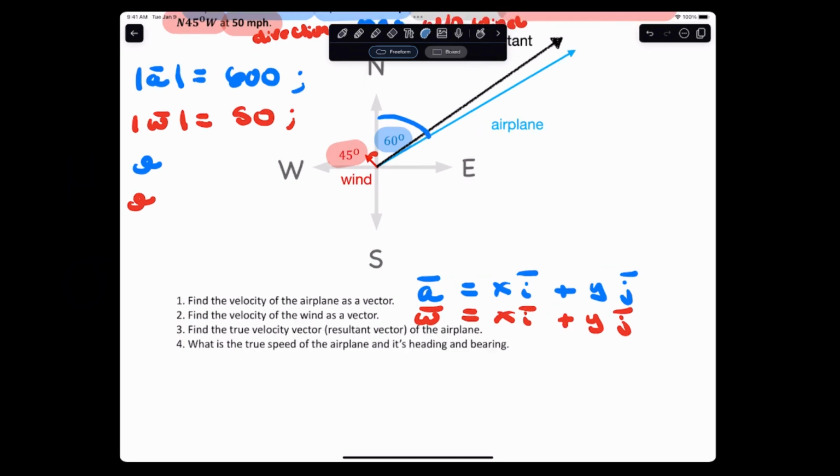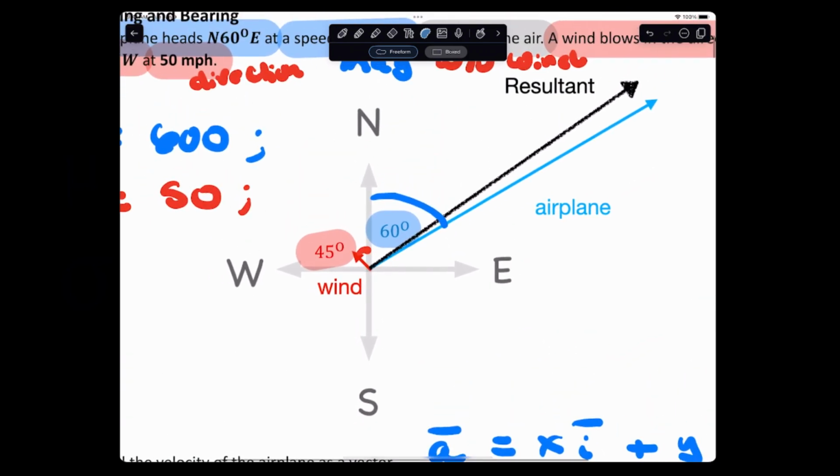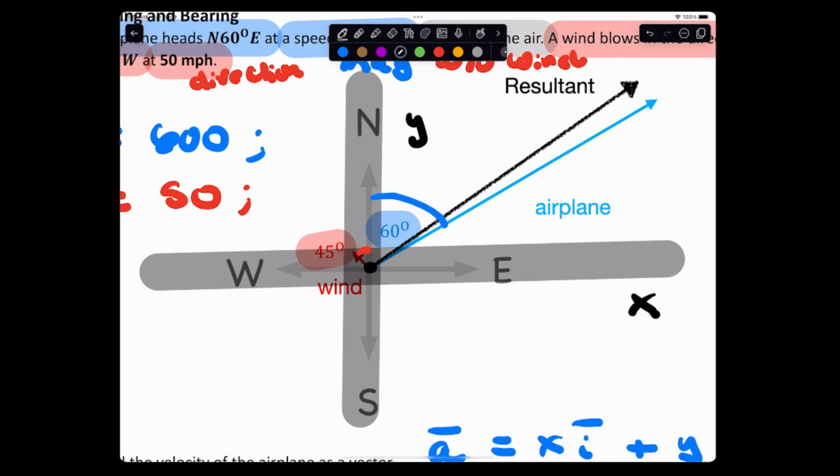Even though they gave us north, south, east, and west, do you recognize why we wrote it the way we did? What does this kind of look like? Yes, the x and y axis. This is like the x-axis, this is the y-axis.